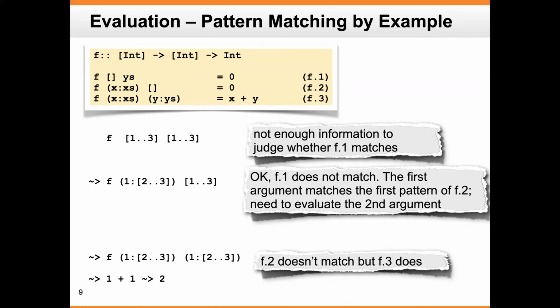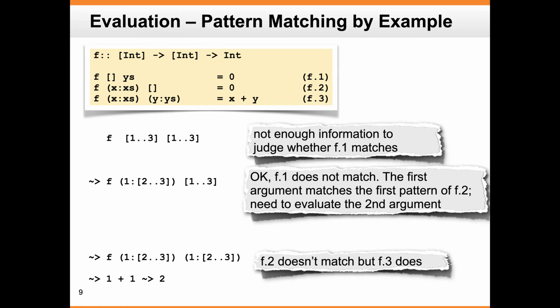And then the function is defined in the body by three pattern matching cases. The first one says, if the first argument is the empty list, this is the squared brackets with nothing inside, then I immediately return 0. This is the case 1, the version F1.